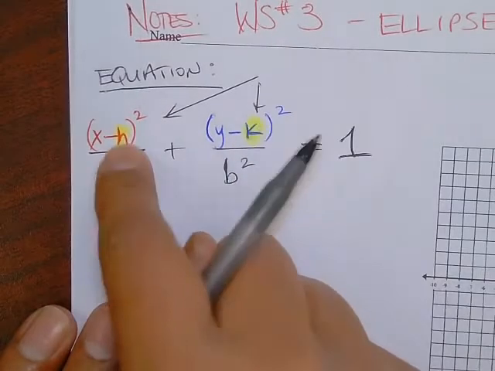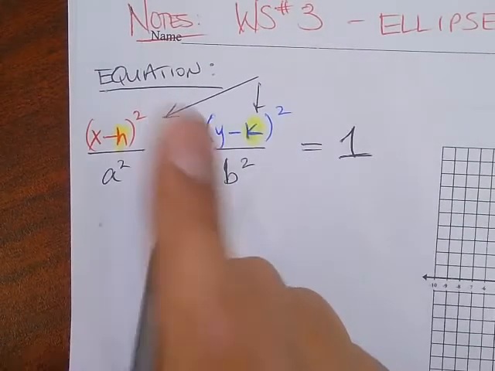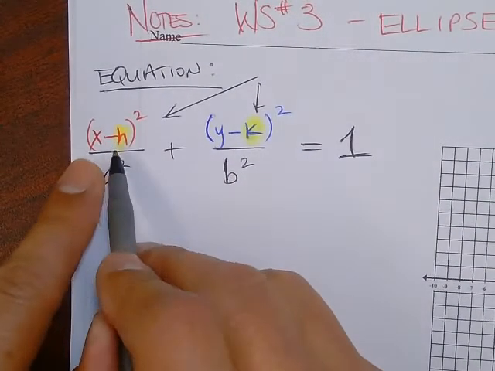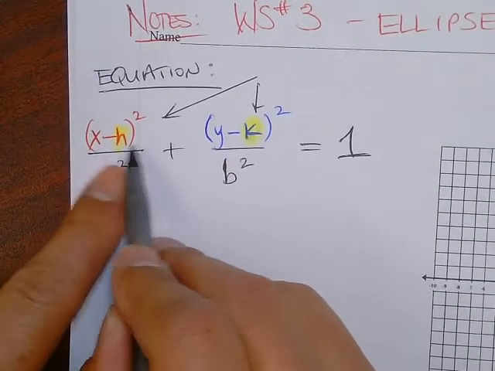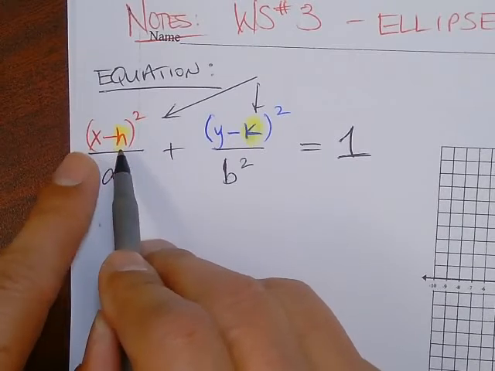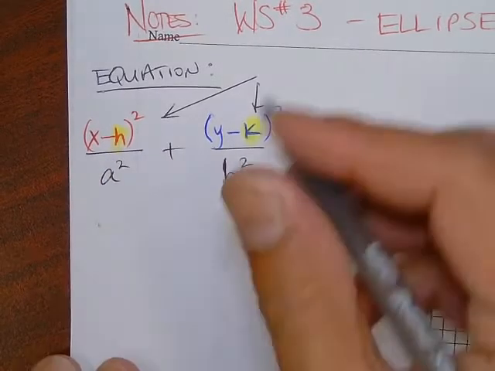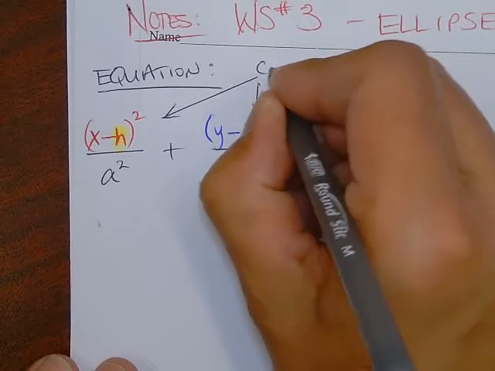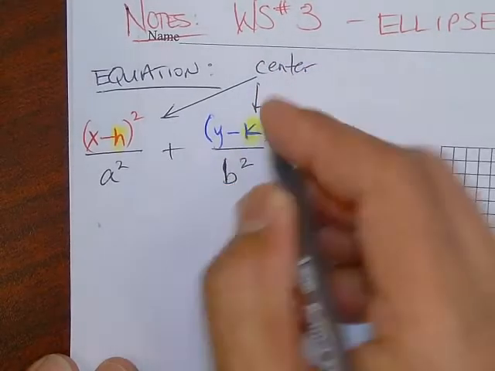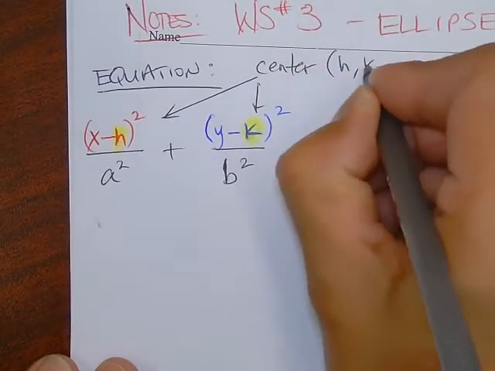From the one next to the x. Remember the opposite. That's why it has a negative. Negative is like not. If it says minus 5, it's like not 5. Anyways, your center is what? You look up here, it's this h and k.